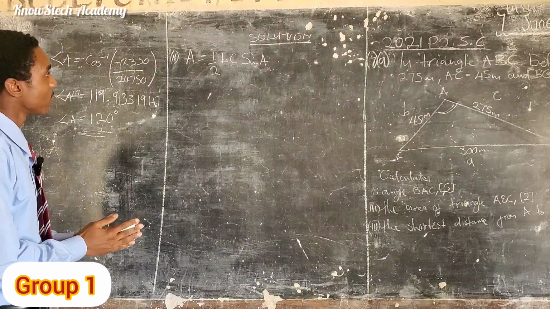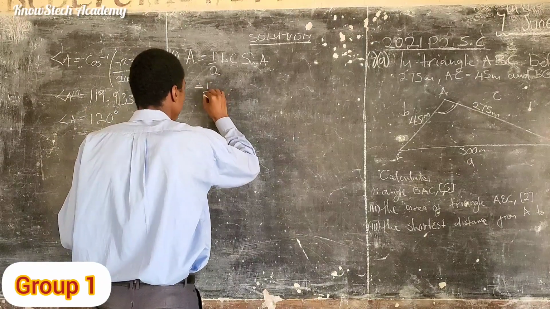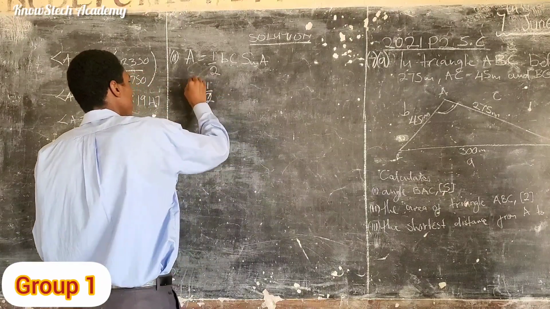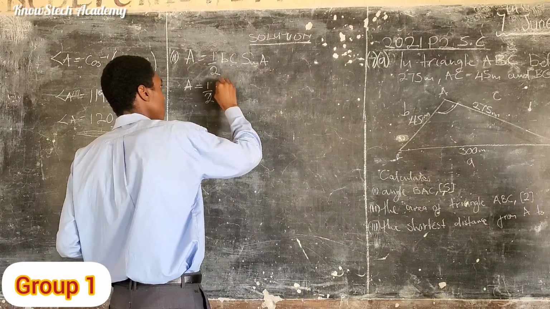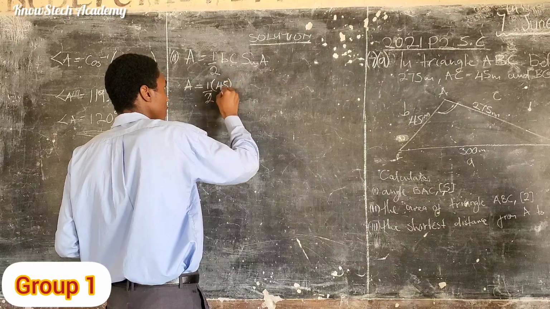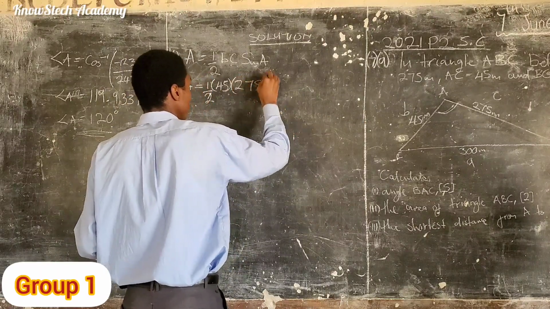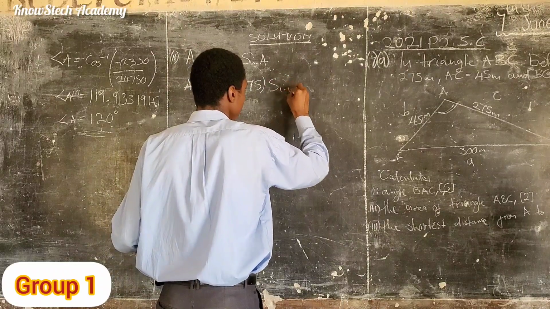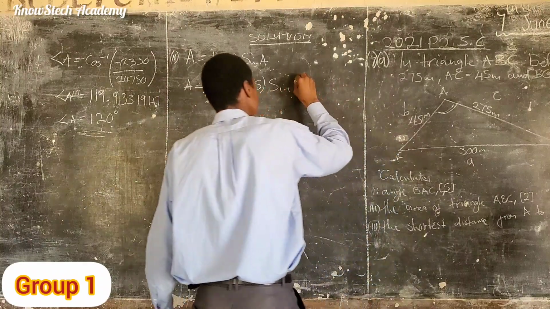So now we start substituting. What is our B? 45, so we get 45 there. What is our C? 275. Then sine A, the A we found here, angle A equals 120.